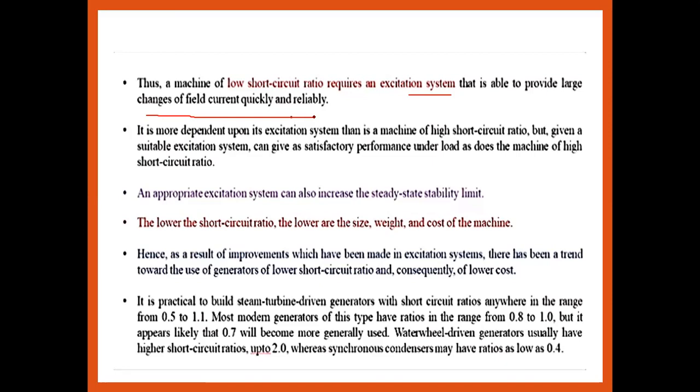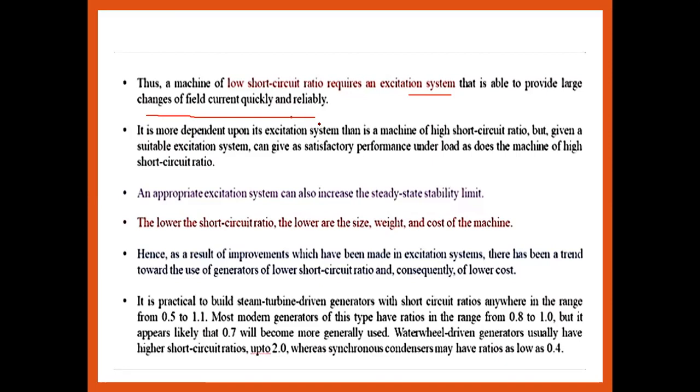So it generally depends upon the excitation system. Given a suitable excitation system, the machine generally gives satisfactory performance under the load, as does the machine of the high short circuit ratio. Means the selection of that excitation system plays a very important role to provide steady state stability, or even to provide the higher short circuit ratio.